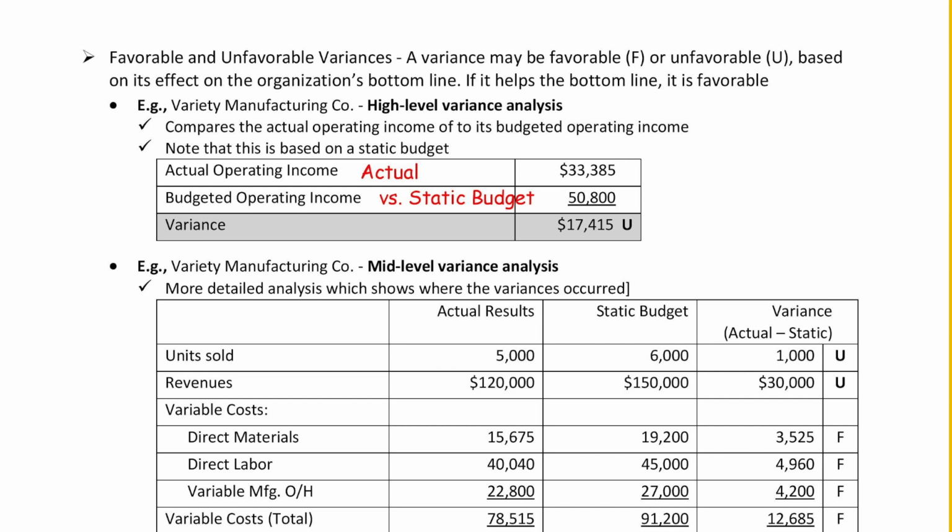The variance that we would get is the static budget variance. In this example, the actual operating income was $33,385 versus the static budget, which budgeted an operating income of $50,800. That results in a static budget variance of $17,415.